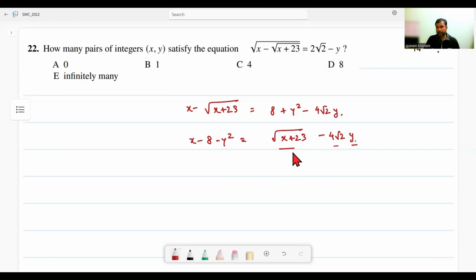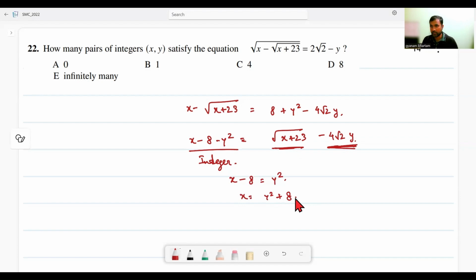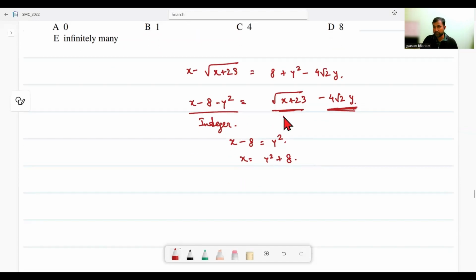But this side is always an integer. And these two must be equal, so if this is the case, this integer part must be 0. So we can say x minus 8 equal to y square, or x equals y square plus 8. And this side is also going to be 0.